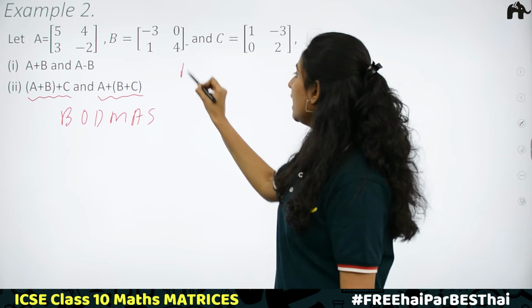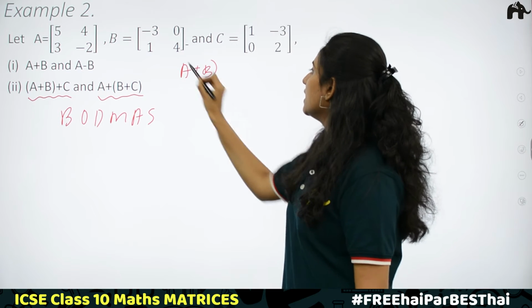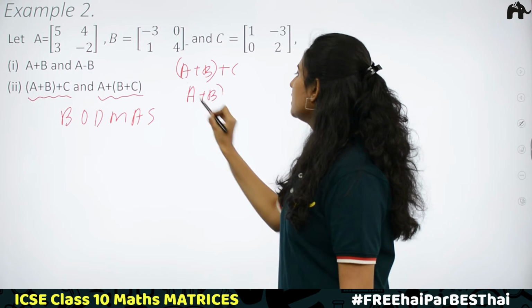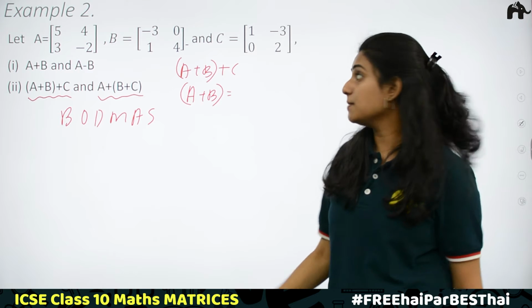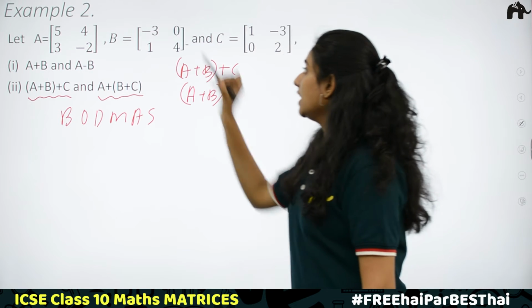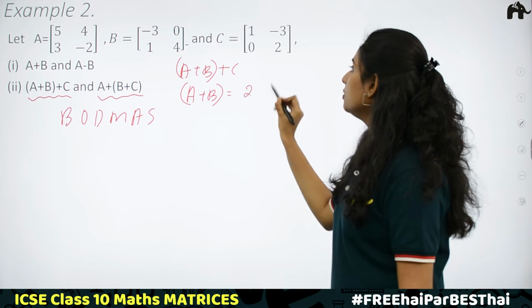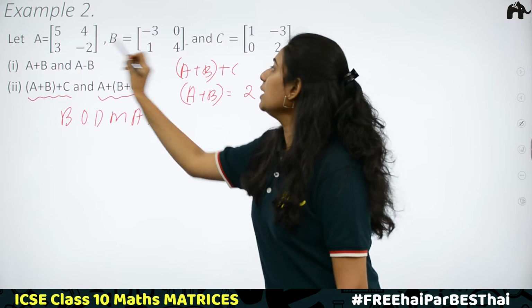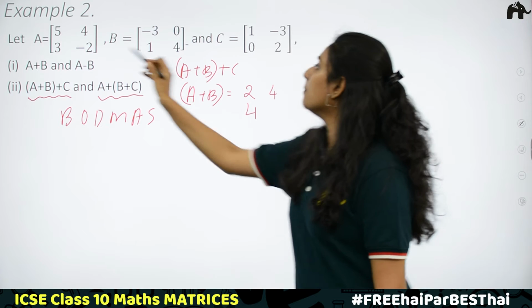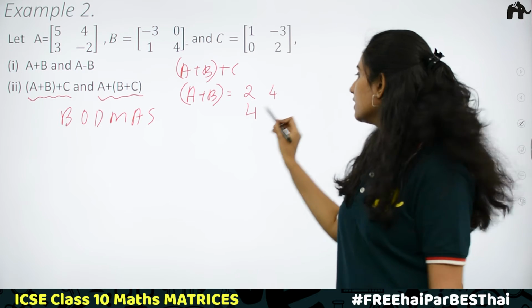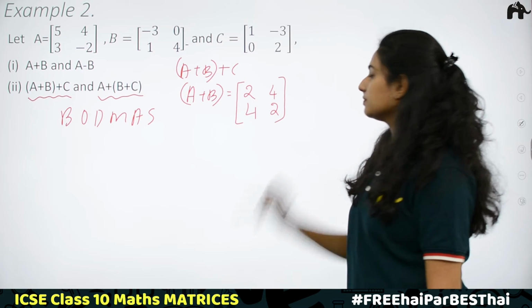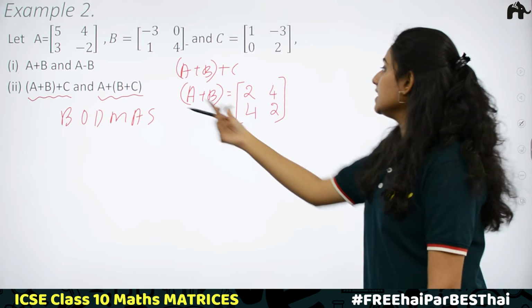So, to find (A plus B) plus C, we have to first find A plus B. What is A plus B? A plus B is equal to 5 minus 3, 2, 4 plus 0, 4, 3 plus 1, 4, minus 2 plus 4, that is 2.